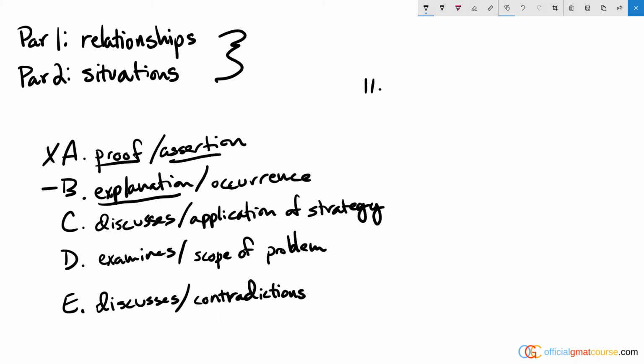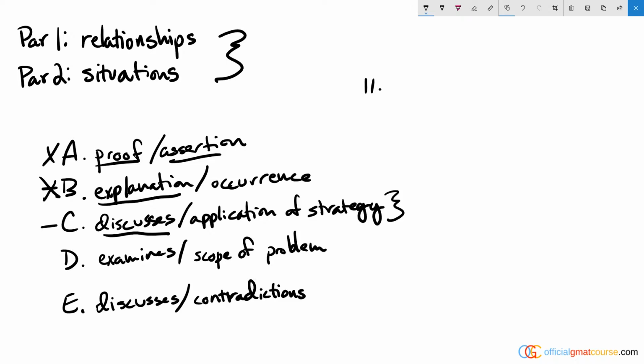And that's the strategy, subjecting suppliers to competitive scrutiny. And this discusses the situations in which we would do that. Now, discusses is a very soft word. It's very hard for that to be wrong. So I don't think discusses could rule this out, and application of a strategy could make sense. I would definitely hold this as well. I feel like this is stronger than B because I don't think the second paragraph is purely an explanation. That's why I think C is probably superior at this point.